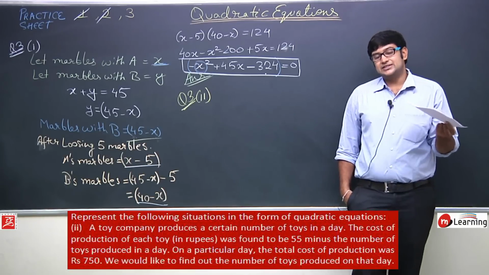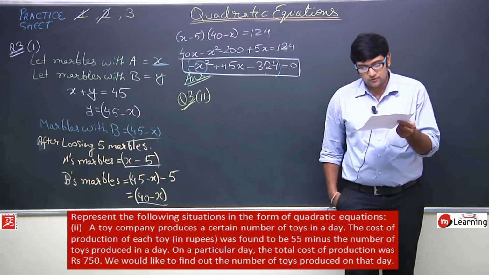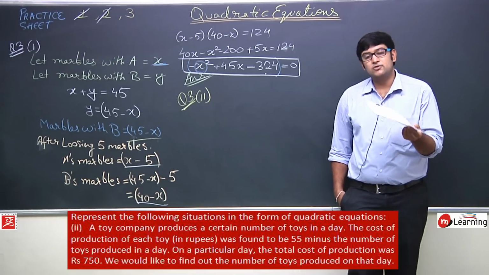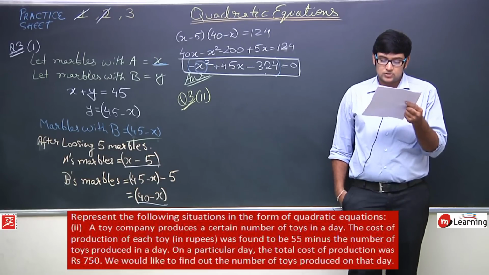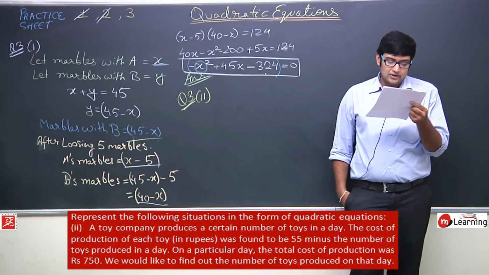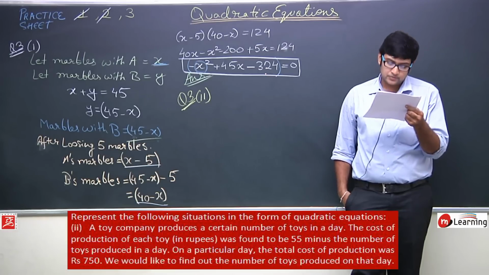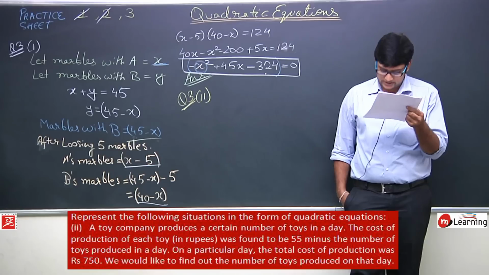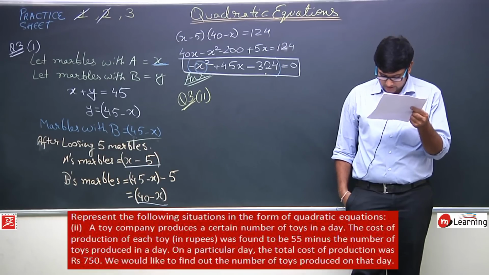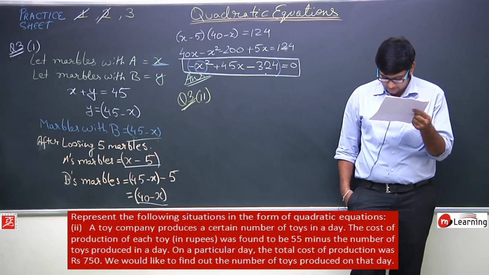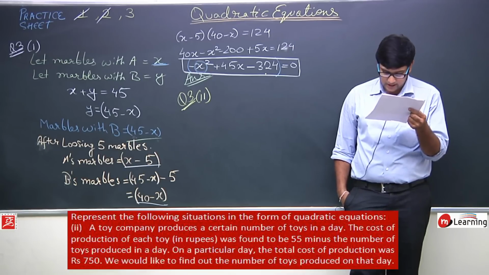On a particular day, the total cost of production is rupees 750.